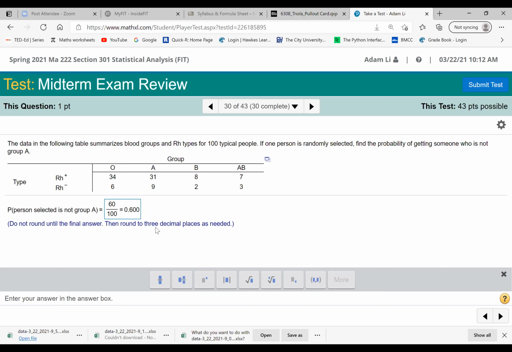Even though they asked you to round to 3 decimal places, if you just leave the answer as 0.6, it's good because it's a very round answer. So you don't have to follow this exact rounding rule if you don't want to. So the answer is 0.6.